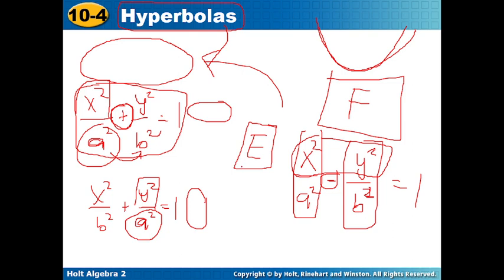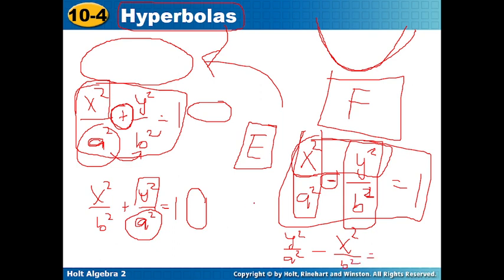Later on we're going to discuss that. So x squared and y squared are the ones going to be switched. So with this we are going to have at least two standard equations. We have this first standard equation and the other standard equation, which is y squared over a squared minus x squared over b squared is equal to 1.